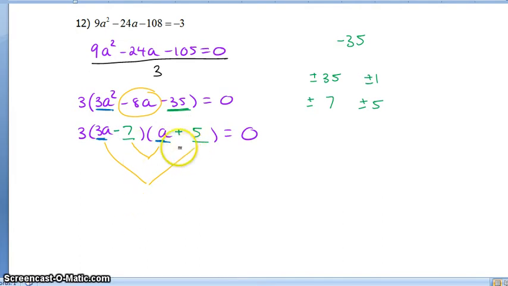So when we multiply that out, we get negative 7a and positive 15a. So when I add those two things together, I'm going to get positive 8a. So it seems like we're almost there. We're really close.